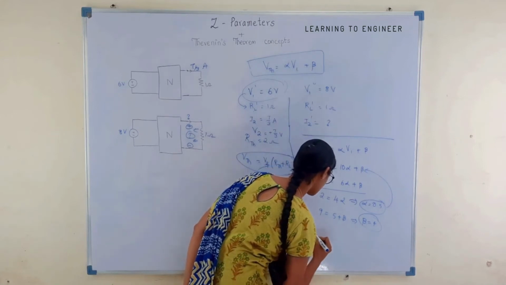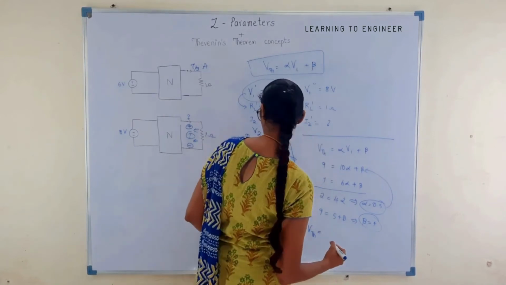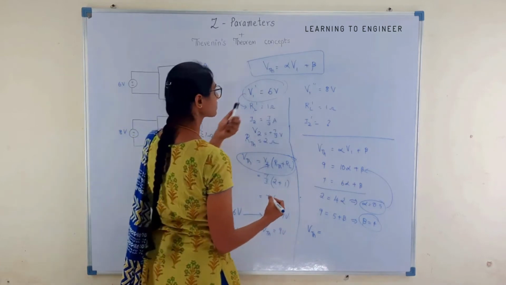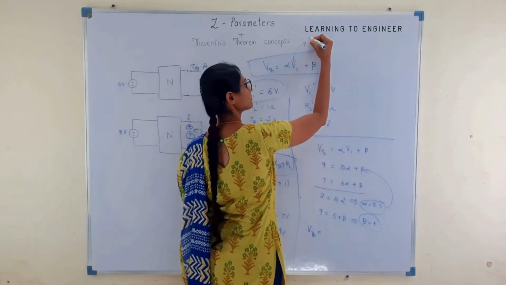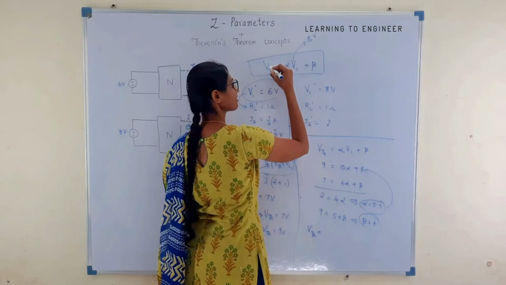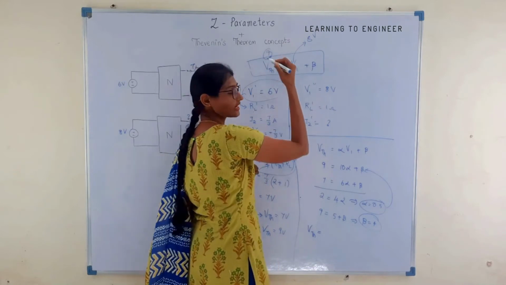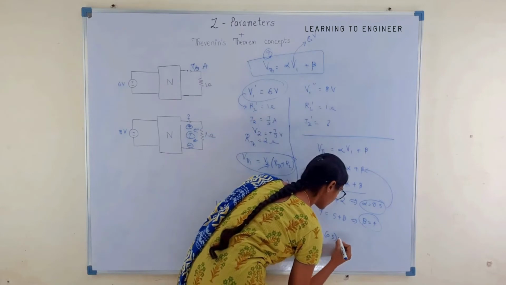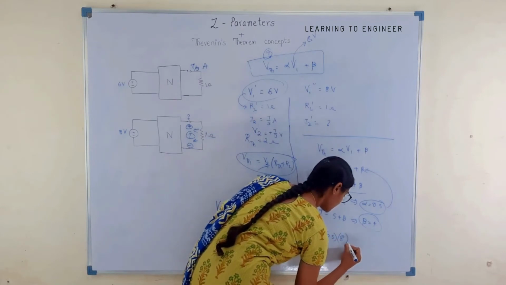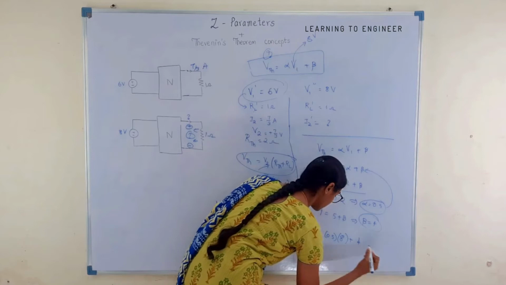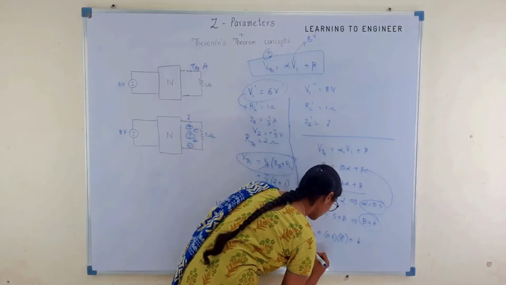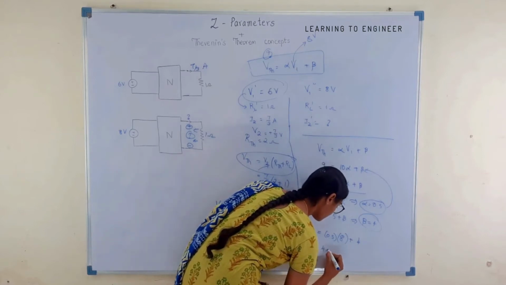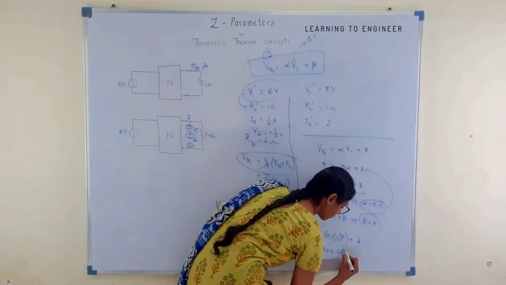So VTH is equal to, now V1 is changed to 8 volt. So now we have to substitute V1 as 8 volt and we have to find out the value of VTH. VTH is equal to 0.5 into 8 plus beta, which is 4. So VTH is equal to 4 plus 4, 8 volt.